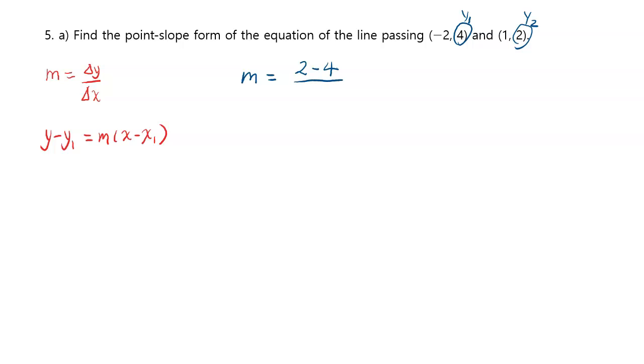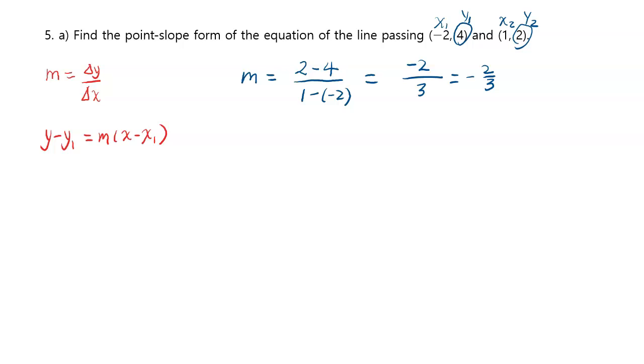The same way for the change of x, you have the final value x2 here, and then x1 will be this negative 2. So 1 minus negative 2. 2 minus 4 is negative 2, whereas 1 minus negative 2 is 3. So you have negative 2/3 as the slope m.